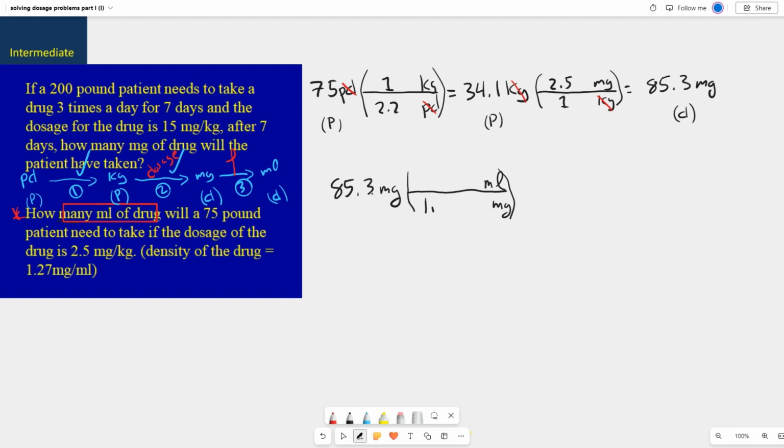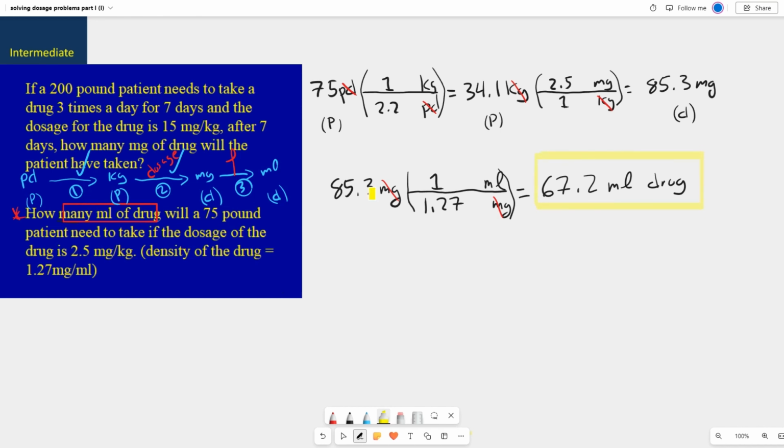And it's 1.27 milligrams per every 1 milliliter based on its density. Milligrams and milligrams cancel out. And 85.3 times 1 and divided by 1.27 gives us 67.2 milliliters of drug. And that is what we're being asked to find in this problem, the volume of the drug.